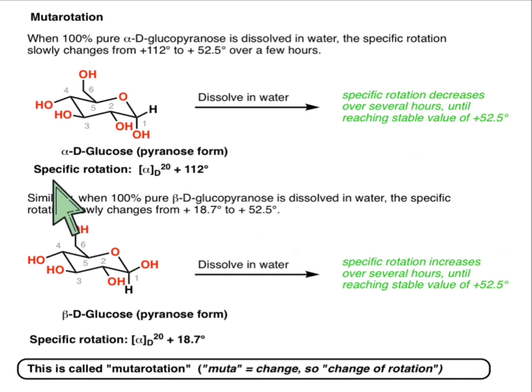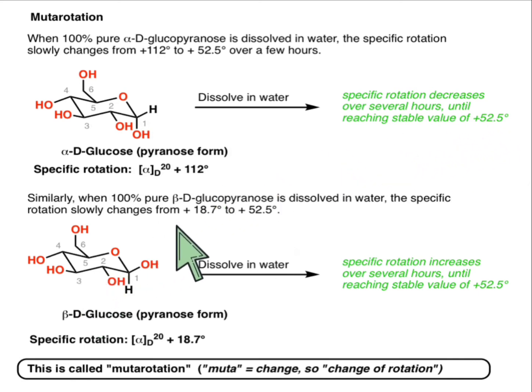A freshly prepared aqueous solution of alpha D glucose, for instance, has a specific rotation of 112.2 degrees. When this solution is allowed to stand, the rotation falls to 52.5 degrees, and it remains constant at this value.